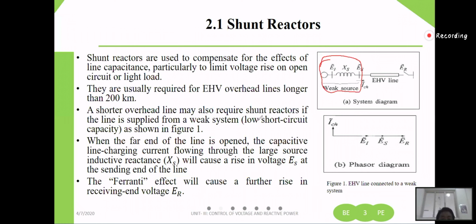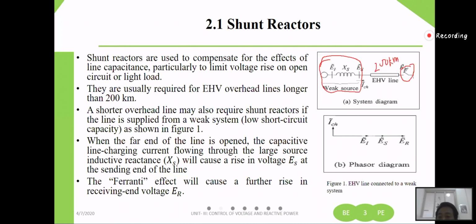Now, as shown in figure 1, let's assume that this is a weak source. When there is a far end, a long line, greater than 200 kilometers, let's assume the far end of the line is open.